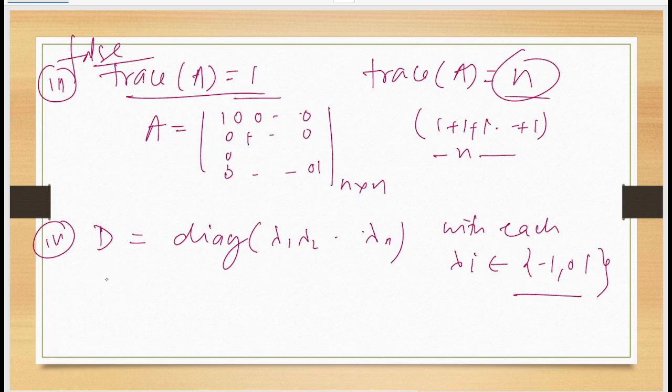And further, we can take the square of this, D square. So in the case of D square, this is also the square of these entries. That means lambda i square will also belong to, when we square minus 1, this results in plus 1, and 0 square is also 0, and 1 square is 1, that means this will belong to 0 and 1 here, right? So every entry here results in non-negative numbers.